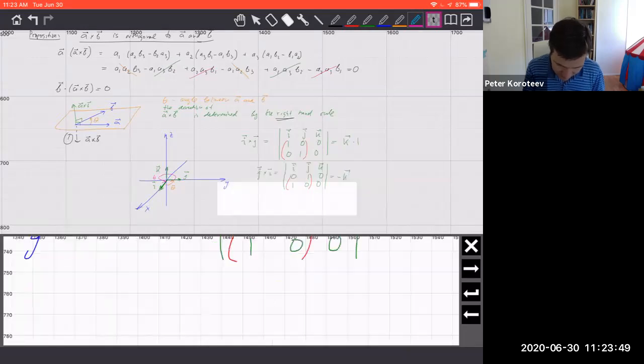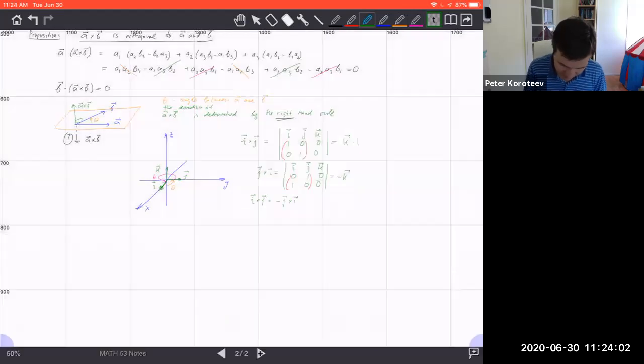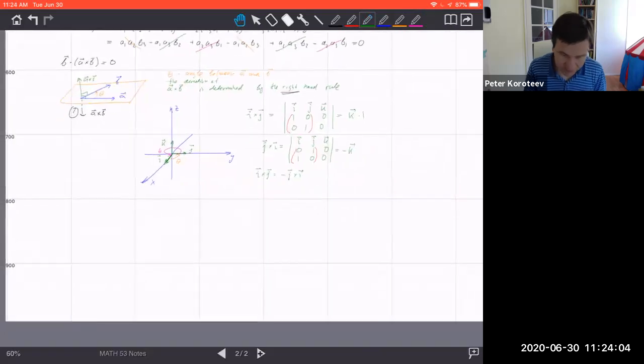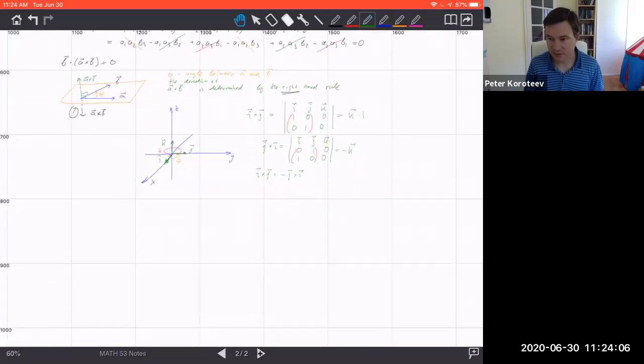So I cross J is equal to negative J cross I. In fact, it's true for any two vectors: if you swap the order of vectors in the cross product, it costs you the sign.